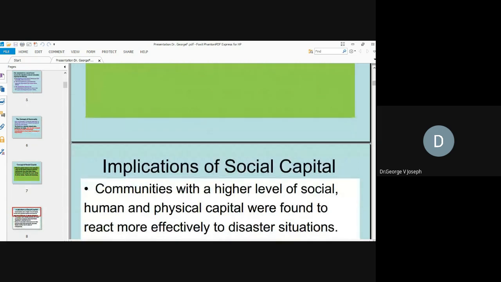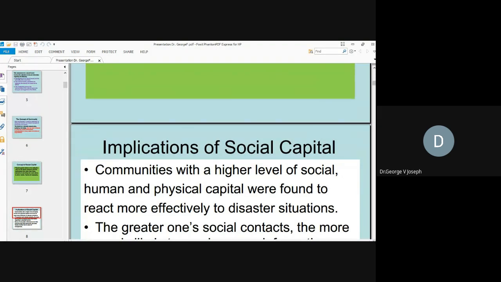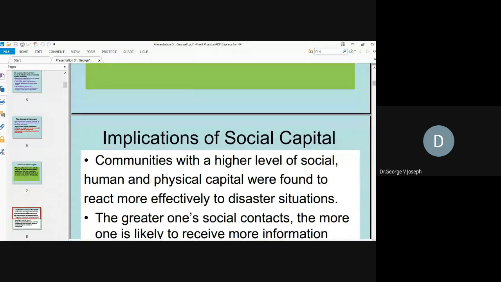So what are the implications of this social capital as far as the vulnerability and risk are concerned? Communities with a higher level of social, human, and physical capitals were found to react more effectively to disaster situations. During COVID also, we have seen many countries fought united. But in some countries, there were issues on the lines of communities or religion-based issues.